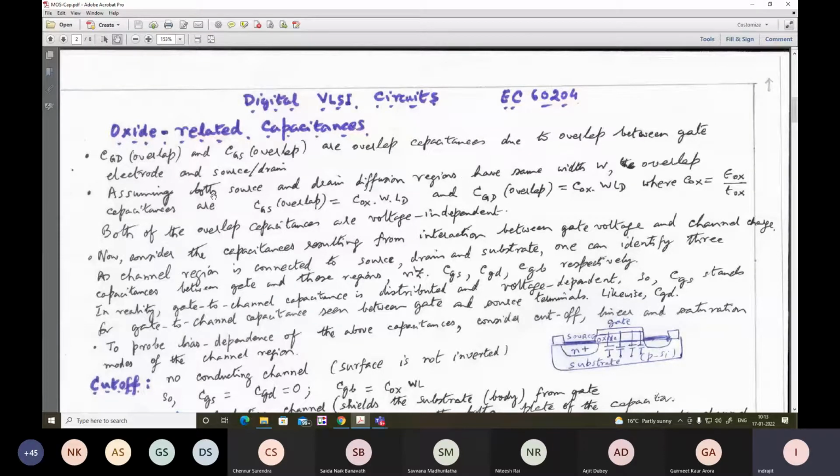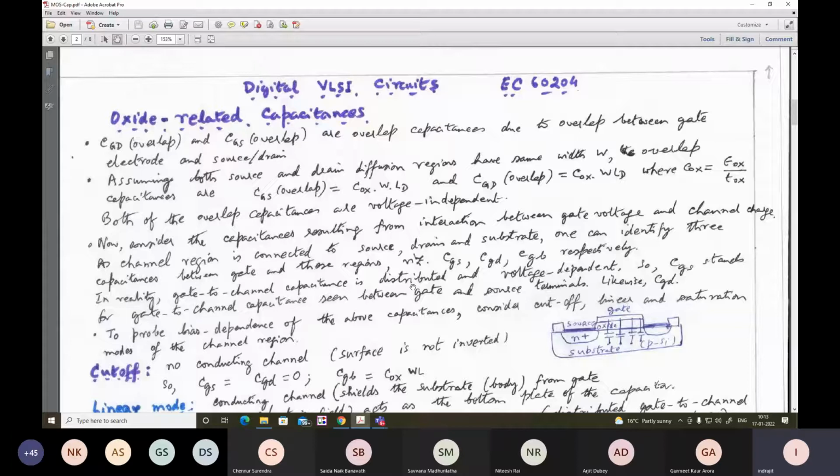Now consider the capacitances resulting from interaction between the gate voltage and channel charge. As we know, if the gate is initially at zero bias, no channel will be formed, and the entire body, the substrate, will act as a lower plate. At that point of time, the capacitance will be measured in one manner.